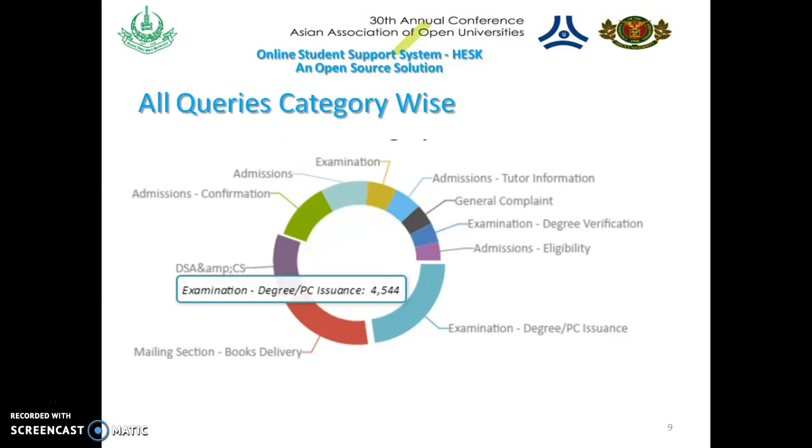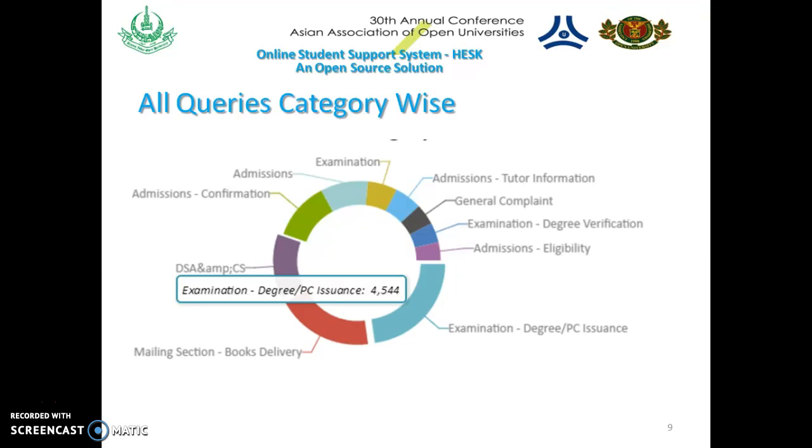This is another customized report in which you can see all the queries category-wise. This report shows that the majority of queries belong to examination, or degree or PC issuance.